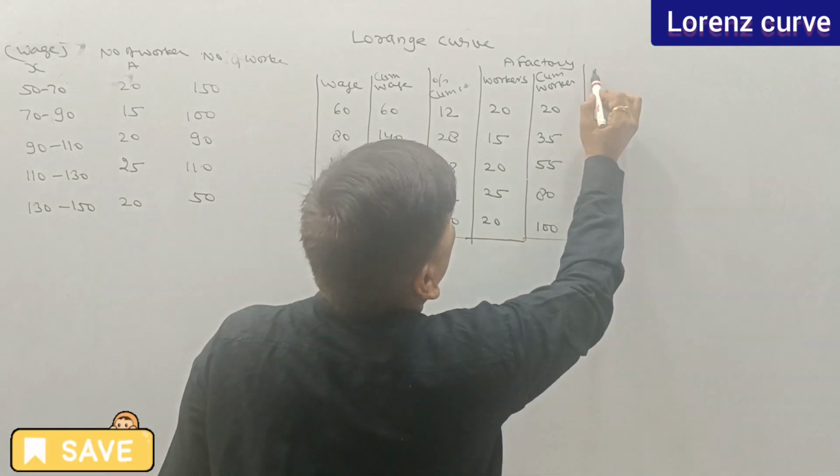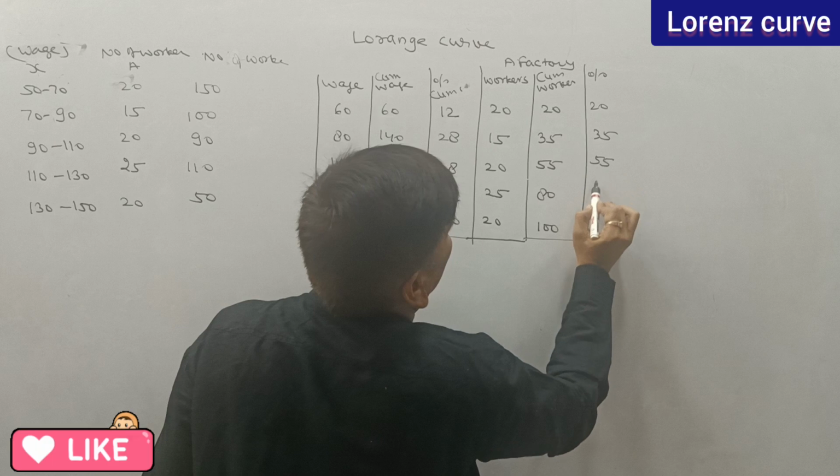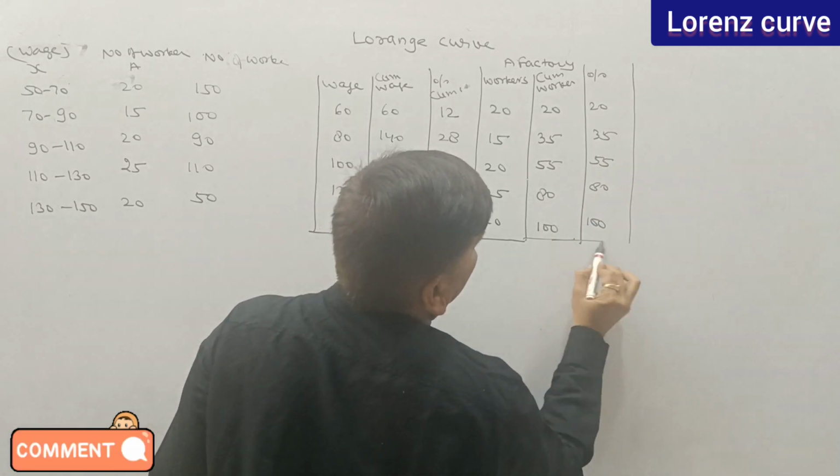The percentage will also be the same because the total is 100: 20, 35, 55, 80 and 100.